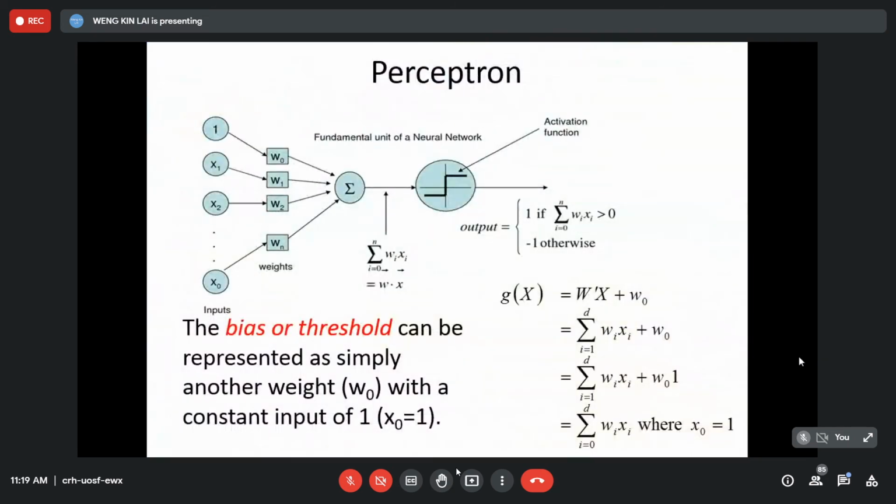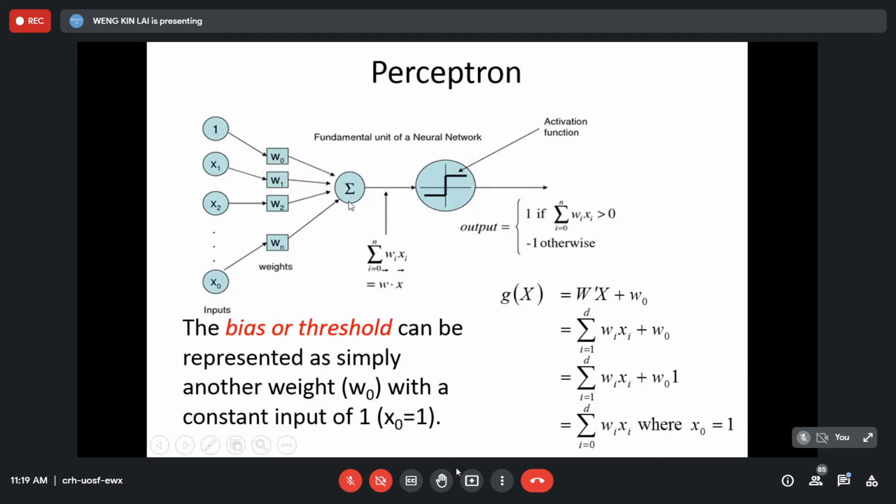Now let us revisit the perceptron. You can see here, this is a more detailed representation of the perceptron, consisting of a few parts. You can see here the inputs, and then they're all connected to the weights, right?